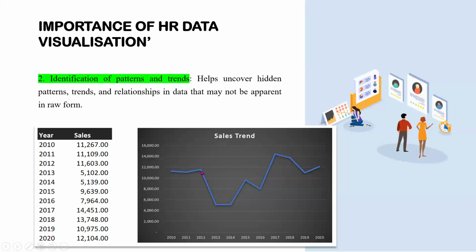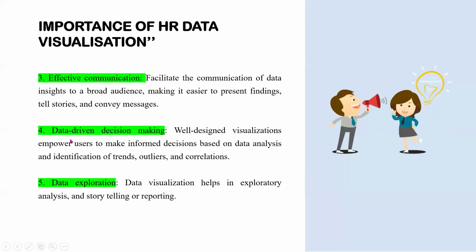Like, for the period 2013, our sales dropped, and then we kept it on a level for 2014, and then we started to rise up like that. So with visuals, we are able to identify patterns and trends in our data so easily, of which if you look at the raw data, it will be very difficult for you to identify.